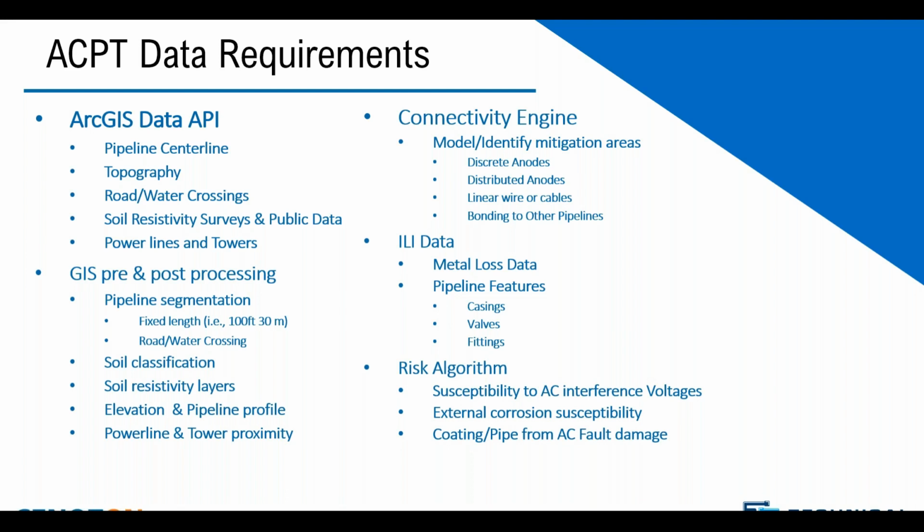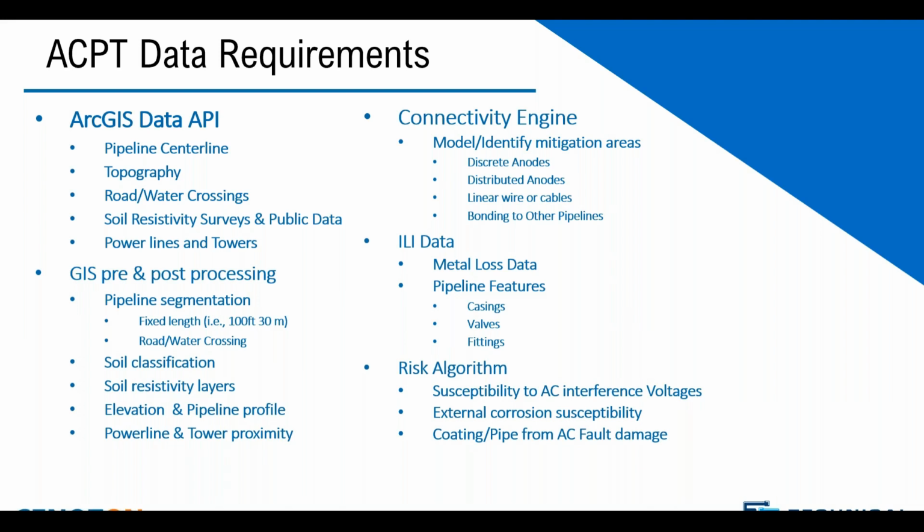Soil classifications, so based on your pipeline centerline and soil data, we can actually automatically classify these segments as to, for example, what the conductivity or resistivity is for that particular pipeline segment is in contact with. We'll do elevation and pipeline profiling, either based on if we have IMU data or survey data for that pipeline.